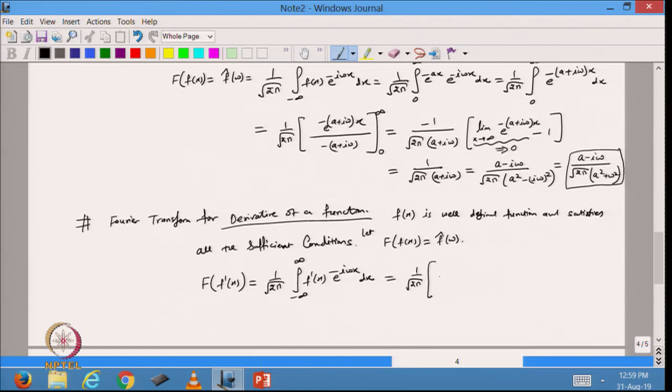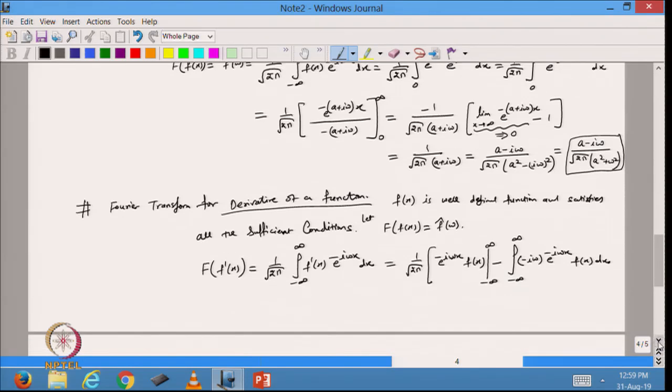So, I can write e raised to power minus i omega x, and then the integration of f dash x is f x, with the limits minus infinity to infinity. Then I take the derivative of the first function: it will be minus i omega e raised to power minus i omega x, and then the integration of the function f x dx.